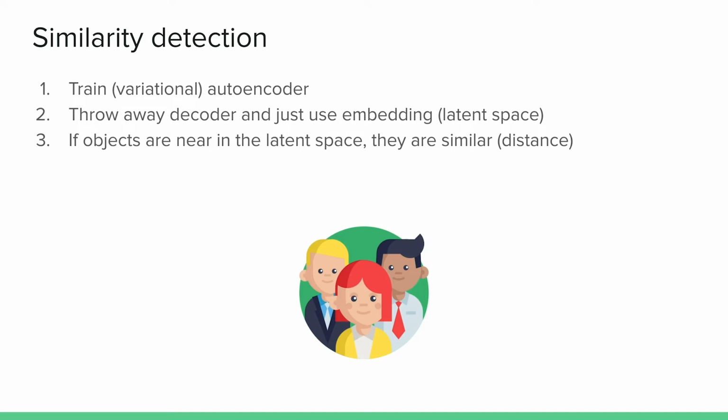And if we have this interpolatability between two classes, we can say they are probably going to be very close in the latent space. So if the distance in the latent space is very small, they are probably similar. If the distance is big, they're probably dissimilar.